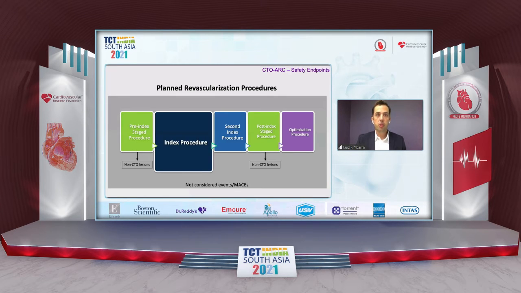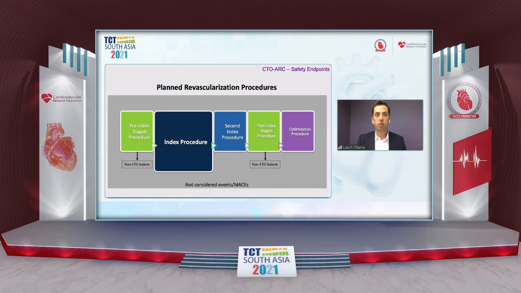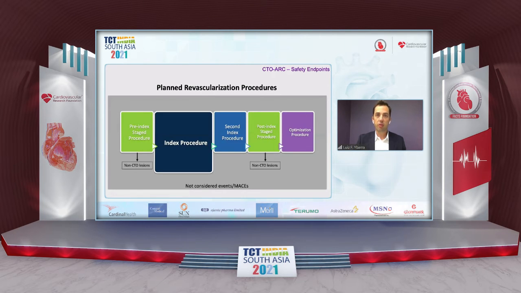The procedures presented here are part of the initial therapeutic strategy if performed in scheduled fashion, and should not be considered adverse events. The time limit of which should be well documented in the chart. If a patient comes earlier than planned due to ongoing chest pain, for instance, that is considered an unplanned procedure and therefore a MACE.